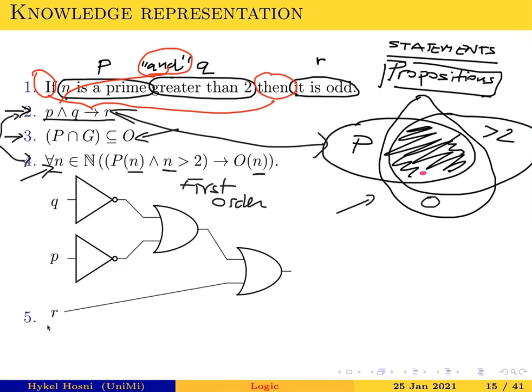Okay, so what is 5? What is this beast here? Okay, this is yet again another way of saying exactly the same thing. Some of you maybe saw these things before, maybe none of you did. This is one way of representing logical circuits.